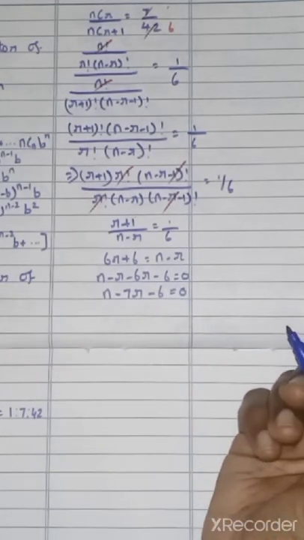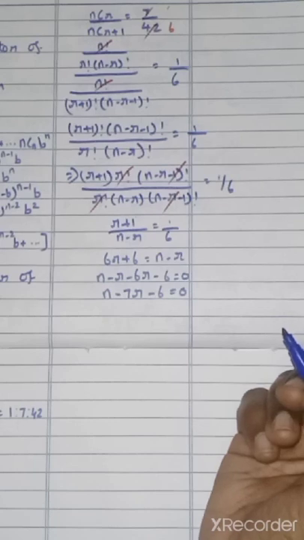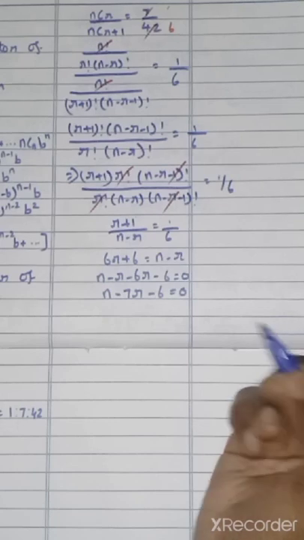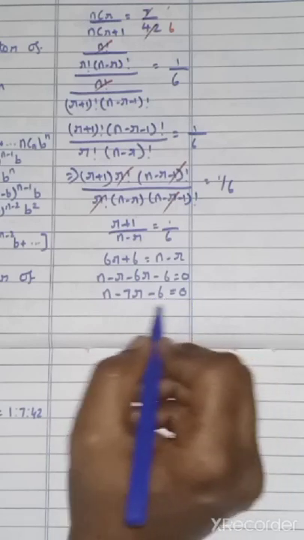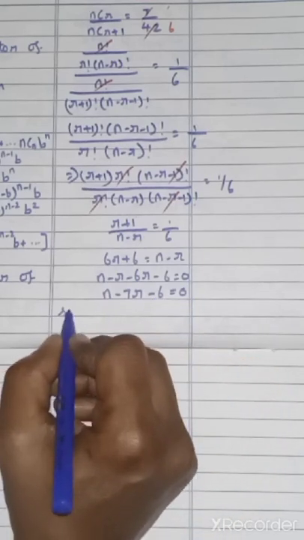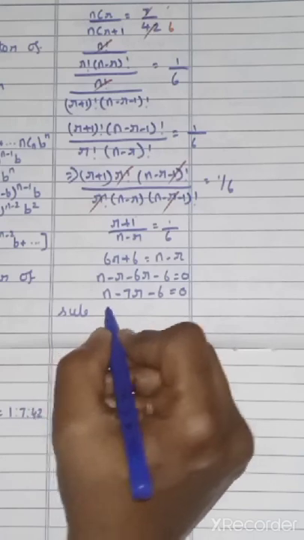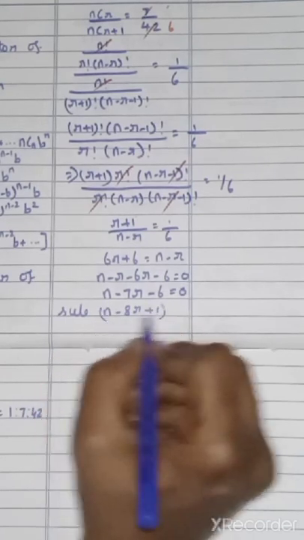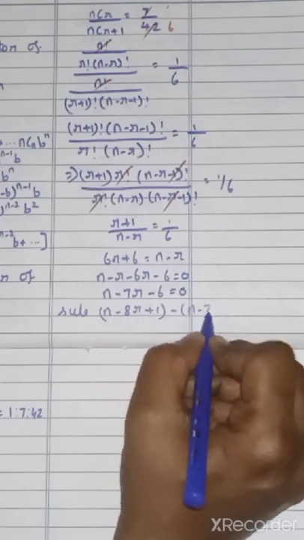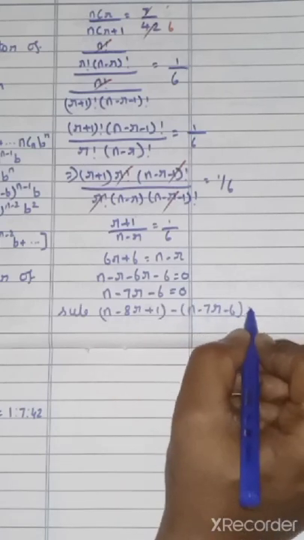Now we have two equations. One is n minus 8r plus 1 equal to 0 and n minus 7r minus 6 equal to 0. Subtract the two equations, that is n minus 8r plus 1 minus (n minus 7r minus 6) equal to 0.